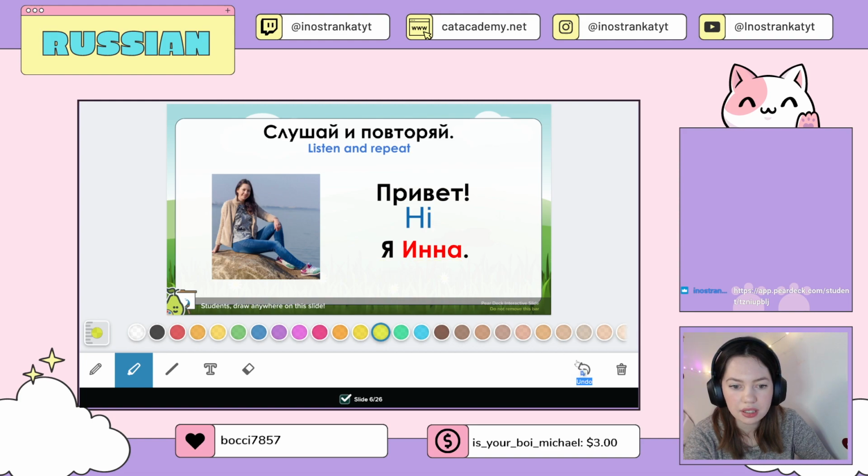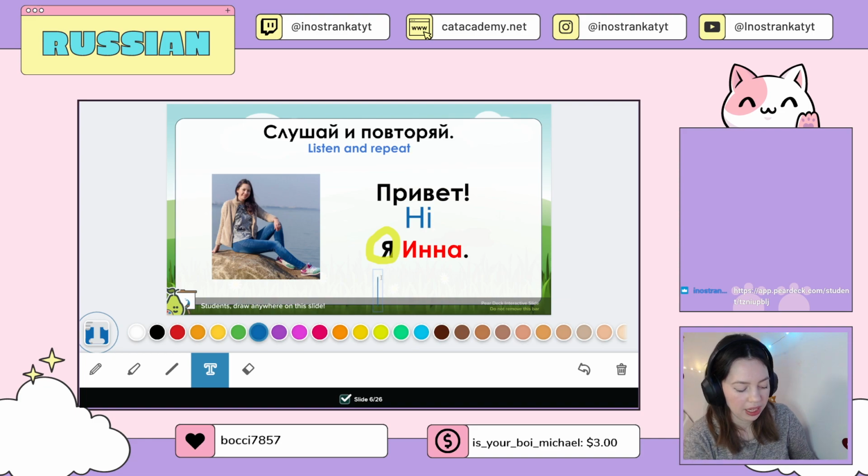So this letter я, буква я, is a letter and a word that means I. So Russian language is quite easy in a way that we don't really have many auxiliary verbs like in English. I am, right? I am Ina, if we say.